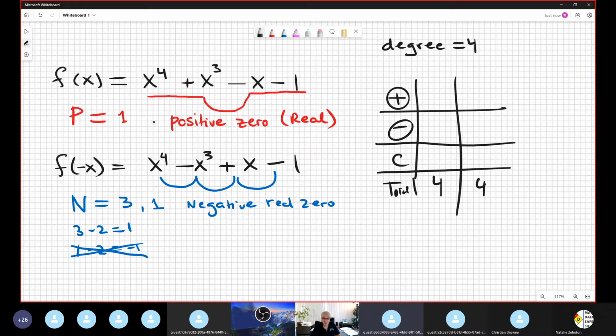The possibility using 3 and the possibility using 1. P is always 1. The only thing that changes is 3 or 1. The negative. Look at that. Okay, so if it is 1 plus 3 it is 4, so no complex, 0 complex. And 1 plus 1 is 2, so 2 complex. Okay, I investigate after using another idea. The correct answer is this. I anticipate this. The correct answer is that we discover 1 positive, 1 negative, and 2 complex.